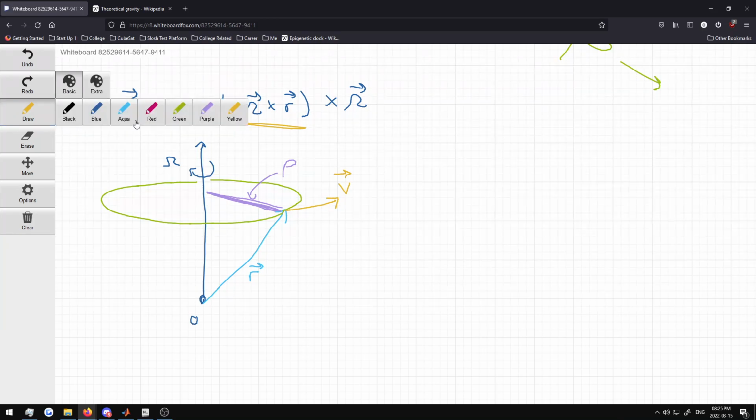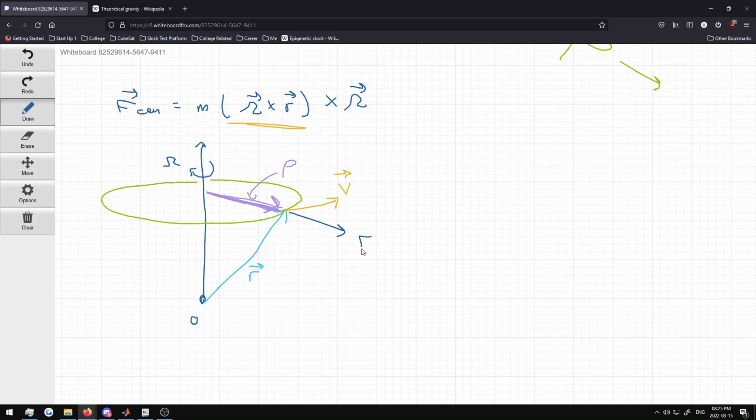Yeah, and then when you do v cross rho here, that'll give you your centrifugal force, which is going to be in this direction. Oops. That explanation was probably not very good, but like I said, go to a classical mechanics book. They do it way better than I do. That's just the way it is.